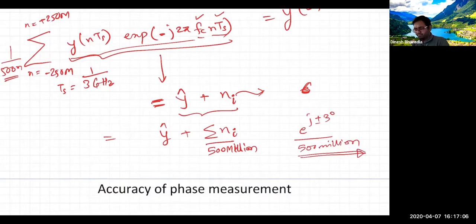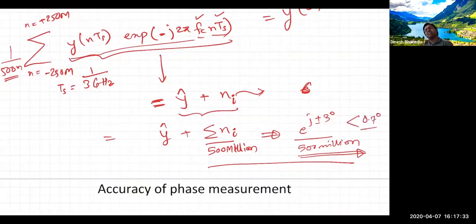Everyone clear on this observation? You can do this division, and it goes into a little bit of probability you have studied. But with a pinch of salt, this is definitely going to be much, much better than 0.7 degree accuracy.